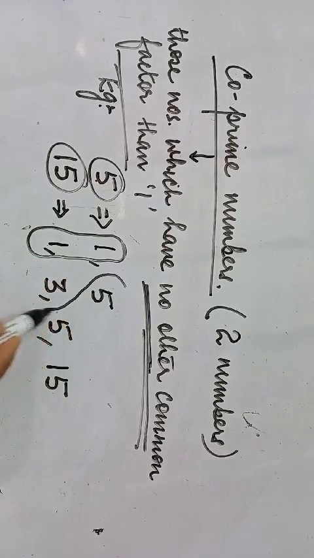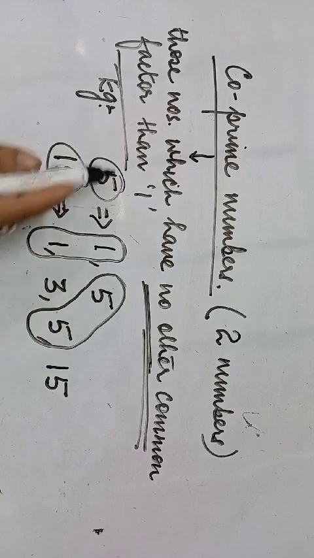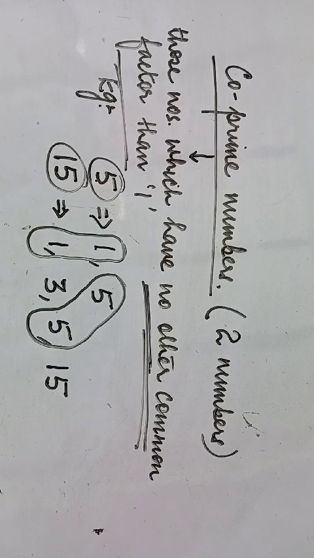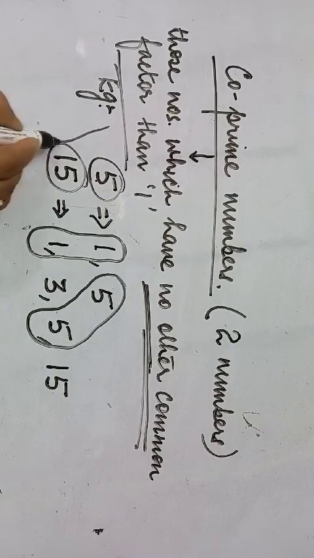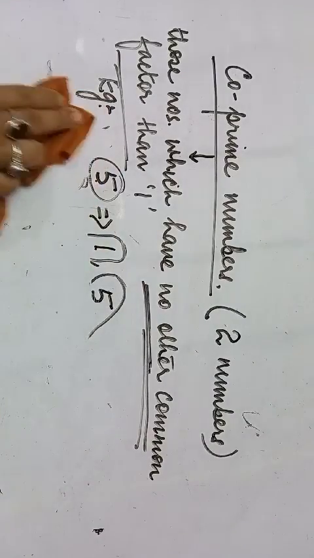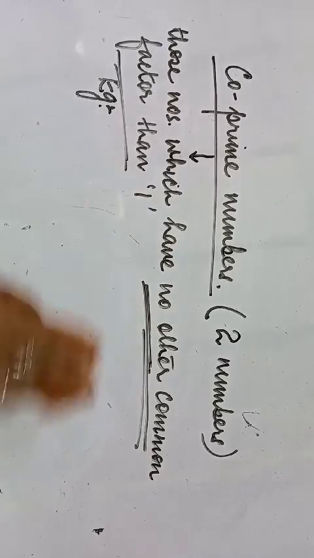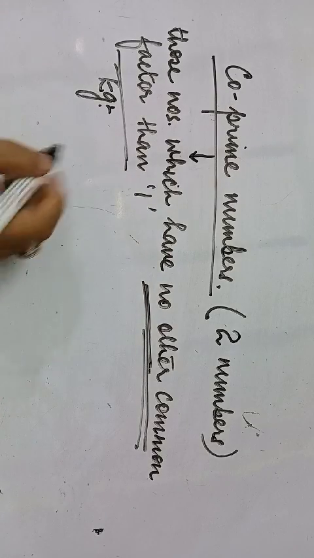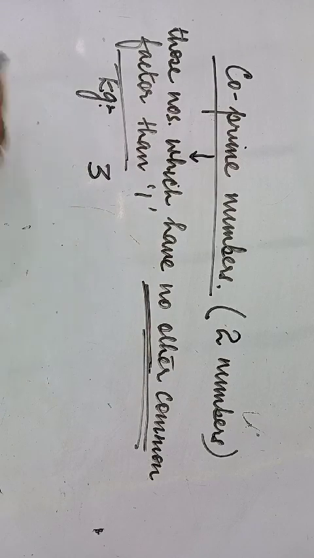No. I can easily see that there is another number 5 also which is appearing as a factor of both these numbers. So this definition does not hold true for these two numbers. Therefore, they are not co-prime numbers. Okay, this is an example of numbers which are not co-prime. Now we'll take an example of two numbers which are co-prime. So let's take an easy example, 3 and 5.